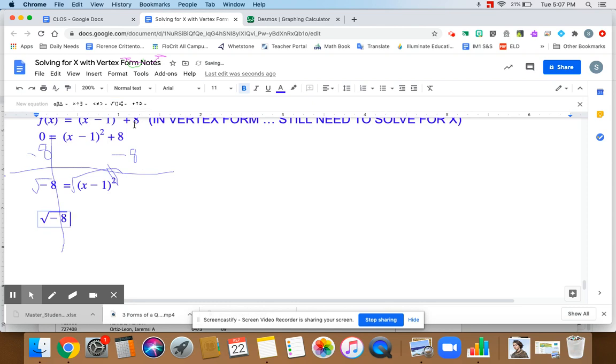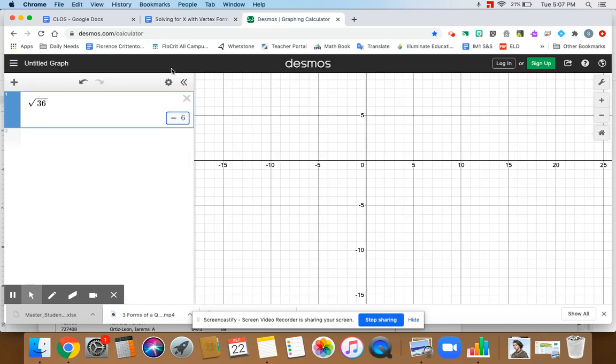So I have the square root of negative 8 equaling x minus 1. Well, if I go to Desmos and I try to type in the square root of negative 8, it's going to say it's undefined. It doesn't have an answer. Well, this takes us back to lesson 2 when we try to take the square root of negatives. You cannot because they're imaginary.